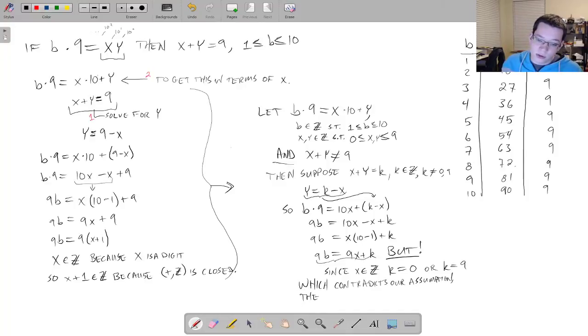Therefore, the assumption, namely that x plus y does not equal 9, is false.